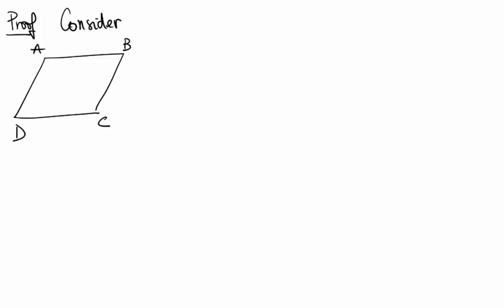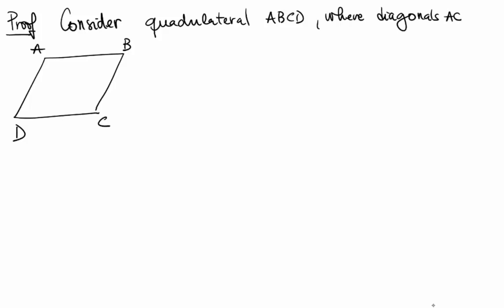Okay, very good. So let's consider the following quadrilateral A, B, C, and D. So we consider the quadrilateral ABCD, where diagonals AC and BD cross.